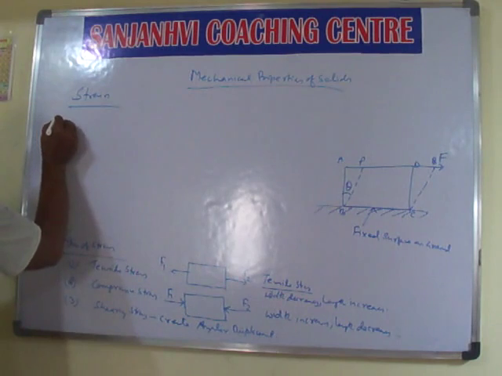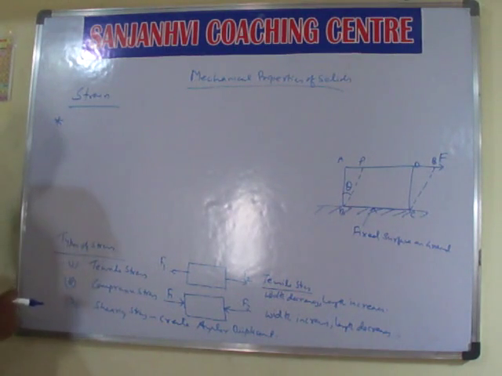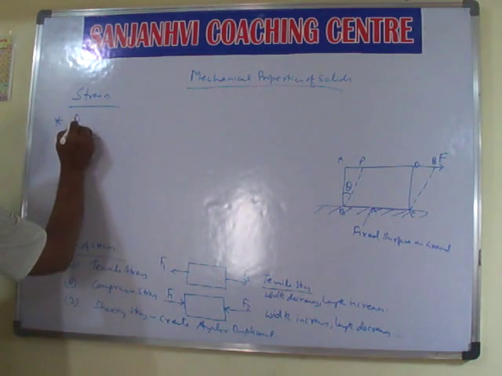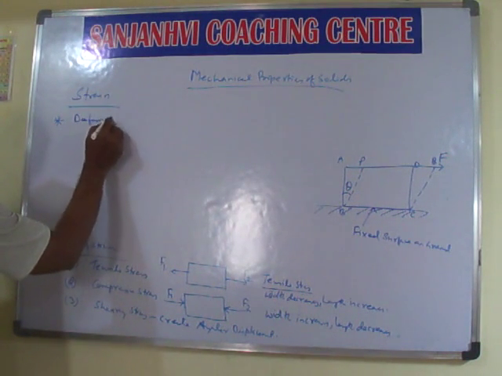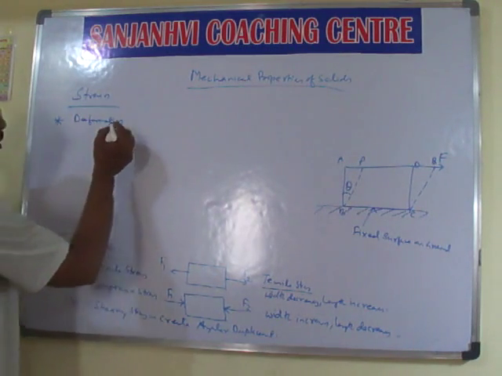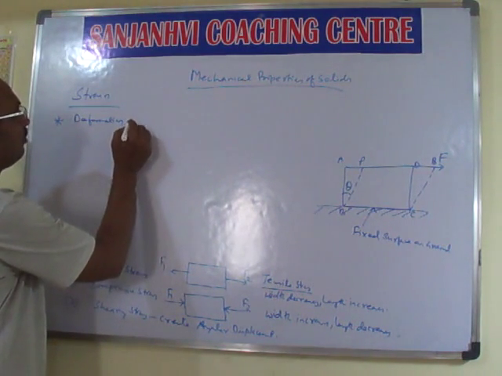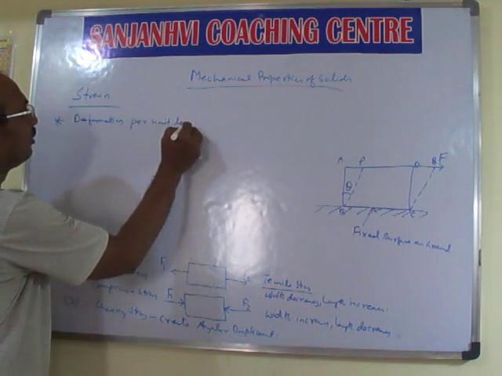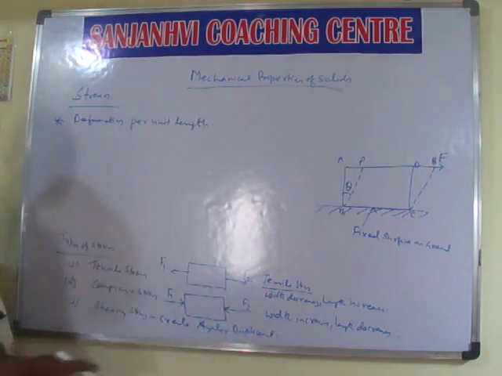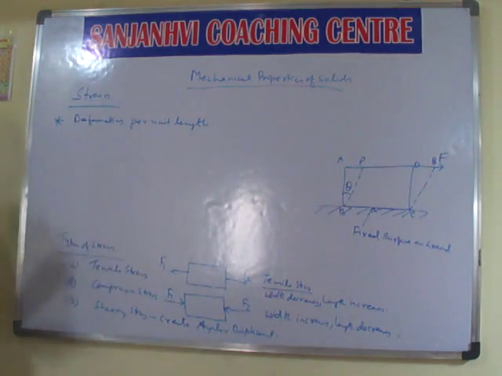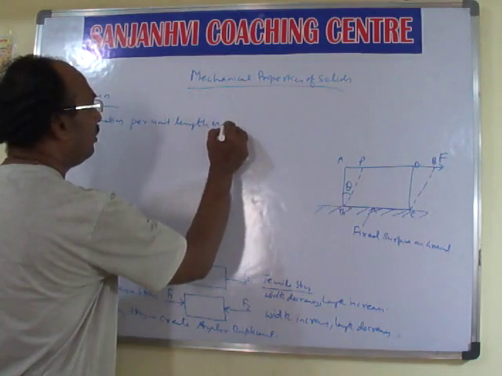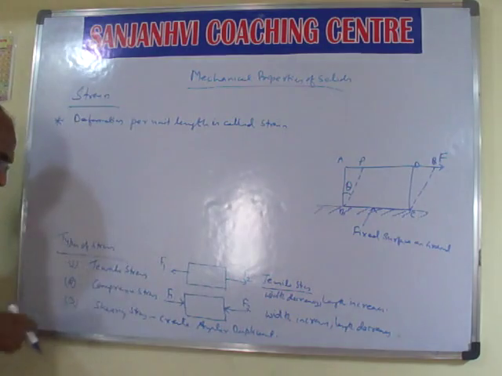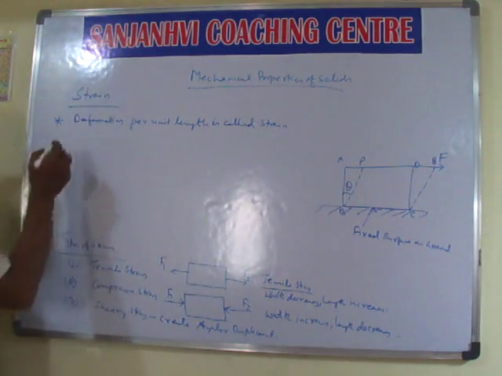So strain, how are we defining it? We are defining strain as deformation per unit length. Deformation per unit length is called strain. Now the question arises, what is this deformation?